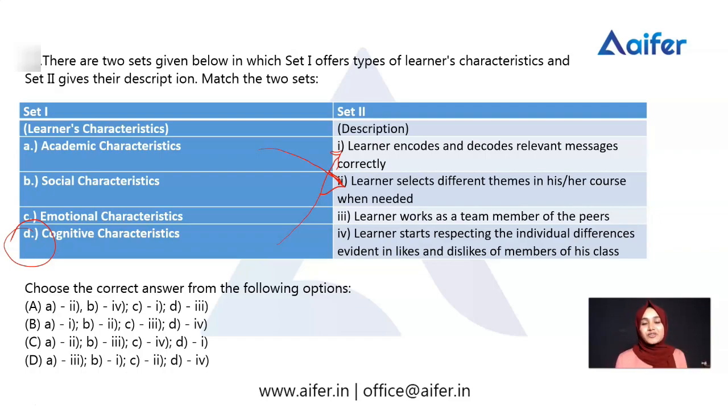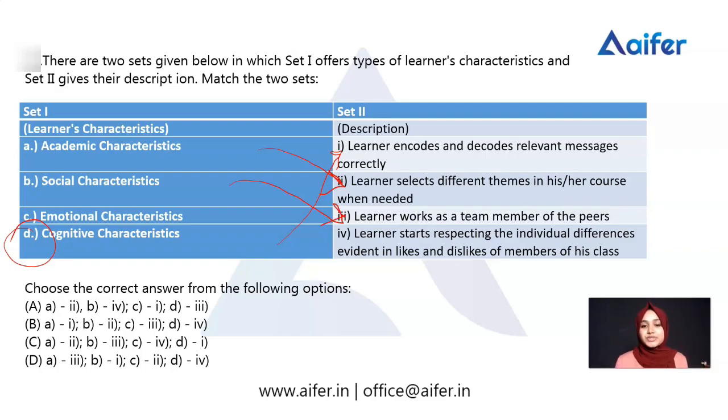In social characteristics, the students deal with other individuals, other peers, in a social way. As a team member, the student is focusing on social competency. So social characteristics correctly matches with option 3 of set 2.